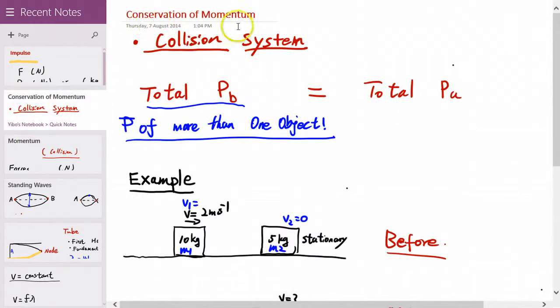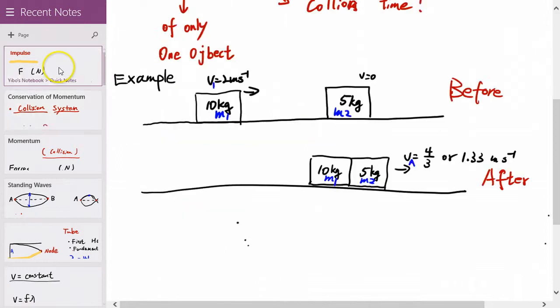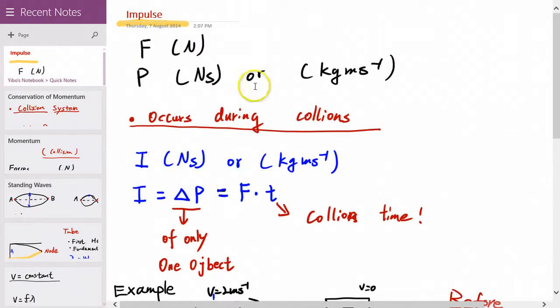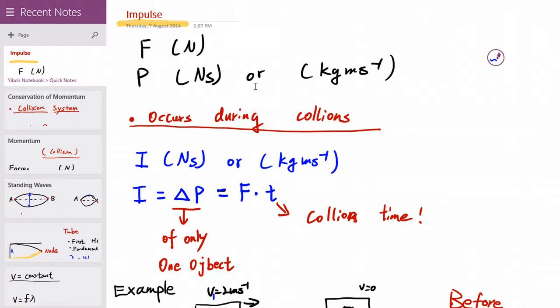Before, in the conservation of momentum, we concentrated on the whole system. Now, when you want to relate force and momentum together, we use impulse. It is a bridge between force and momentum.